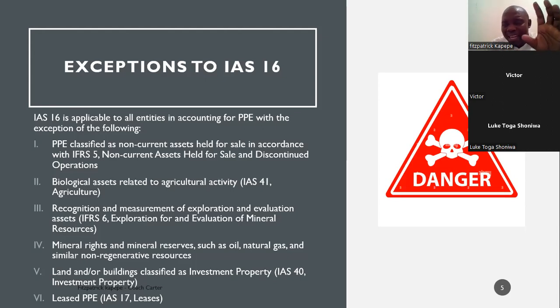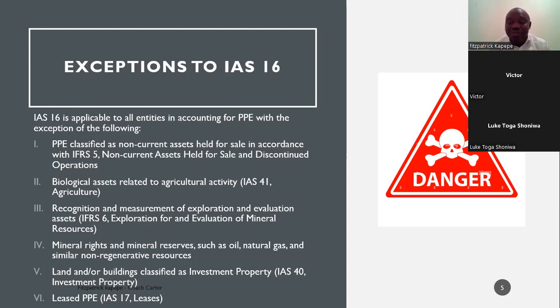When sitting on your balance sheet, that particular branch will need to sit as a current asset, because your aim is to dispose of it within that particular accounting period. At that point, it is not going to be guided by IAS 16. It will be guided by IFRS 5, which is an asset held for sale.